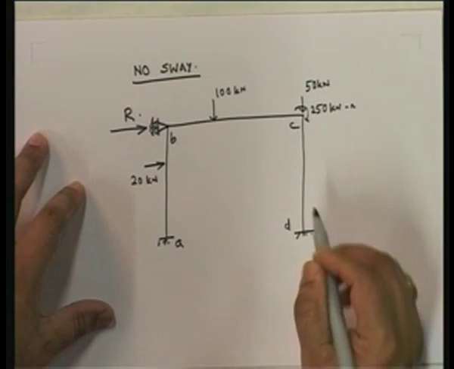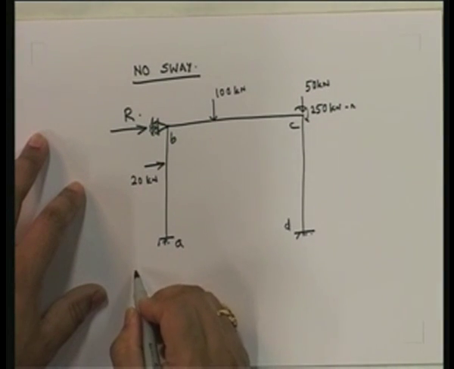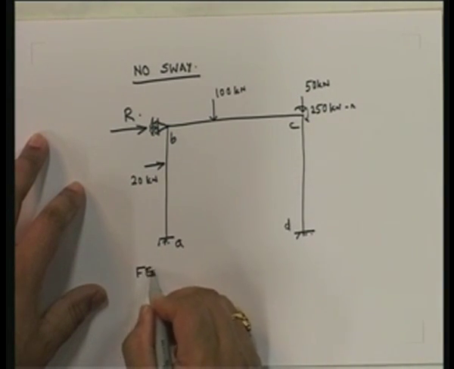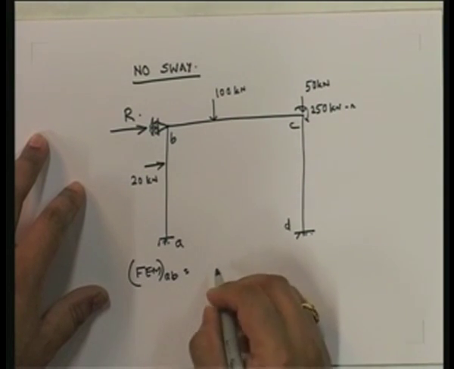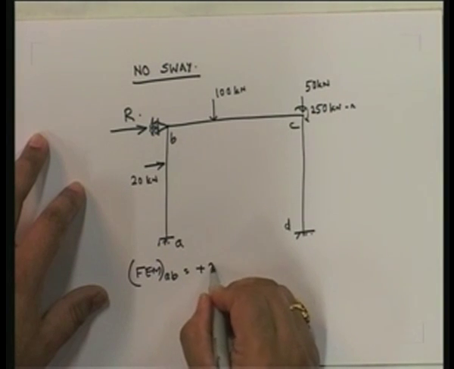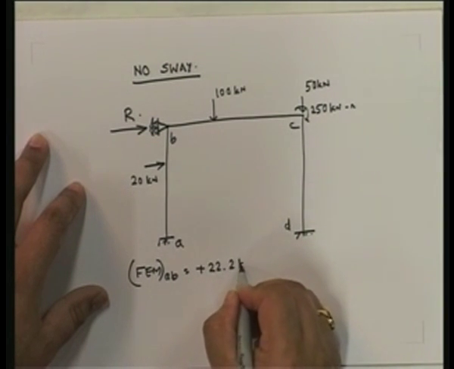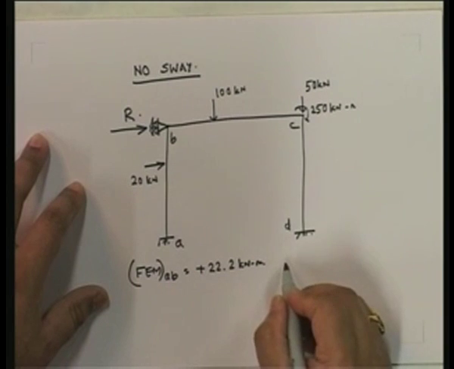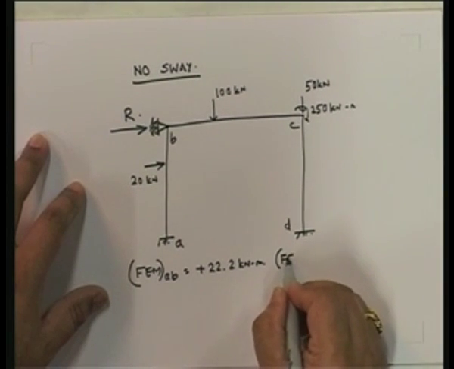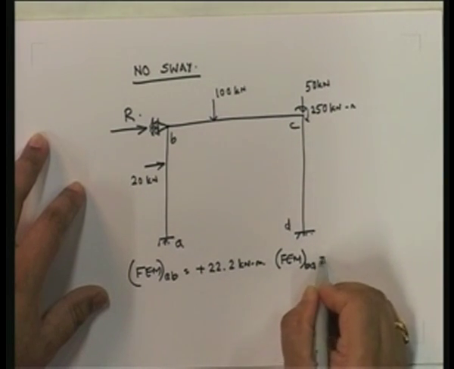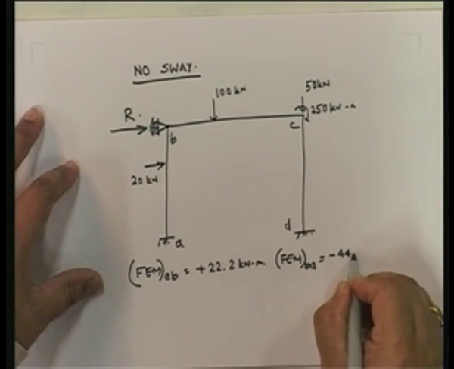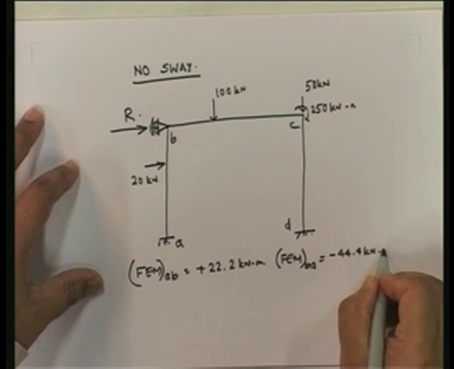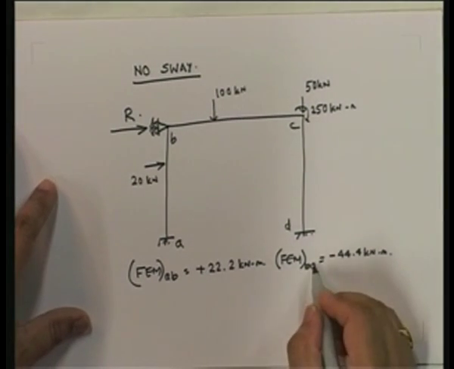Okay? So now, first things first, we need to write down the fixed end moments. And this we have already done earlier, so I am not going through the steps. We know that this is plus 22.2 kilonewton meter. Fixed end moment BA is equal to minus 44.4 kilonewton meter.